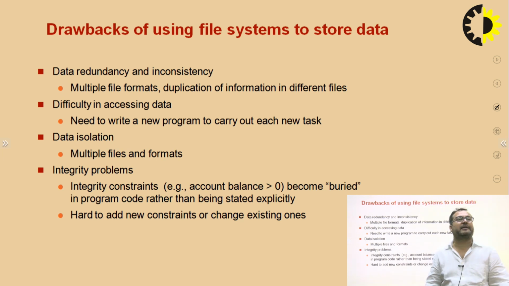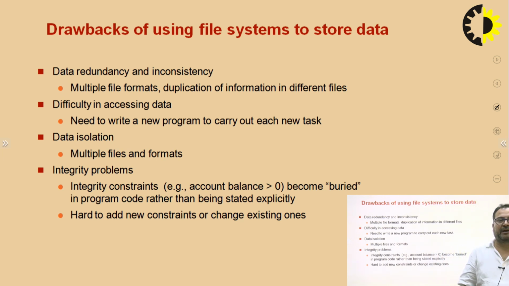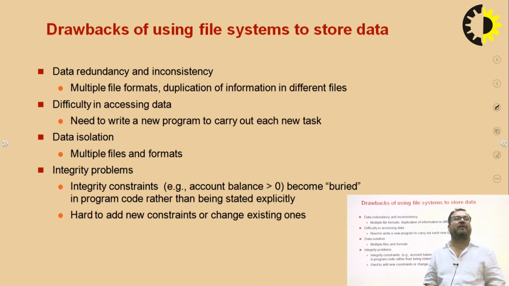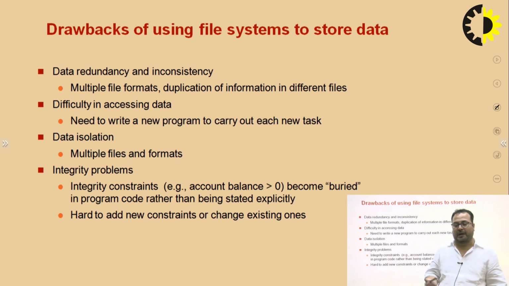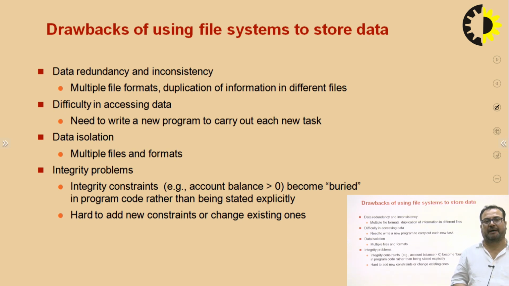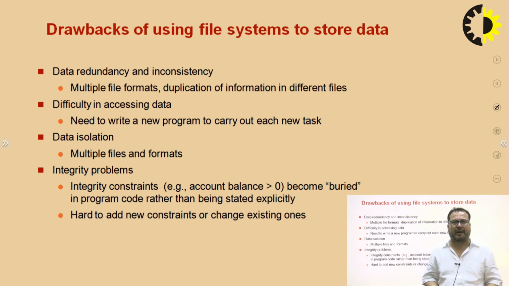The first drawback is data redundancy and inconsistency. If we use the file system, as in early days, there will be a problem of redundancy and inconsistency. What is data redundancy? It means multiple copies of the same thing are found.